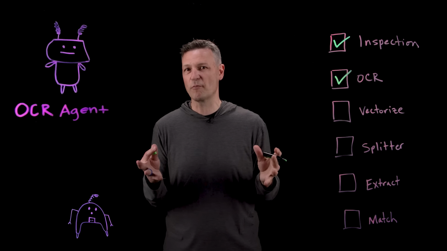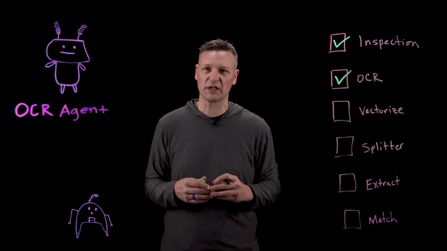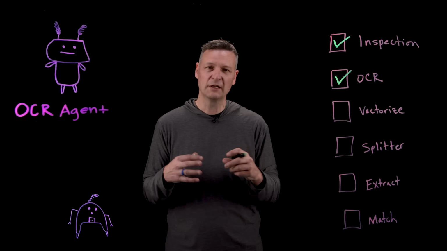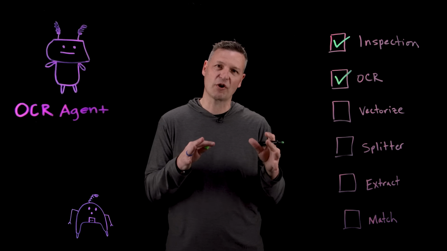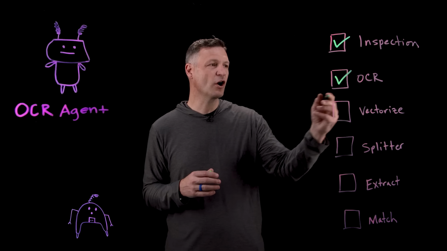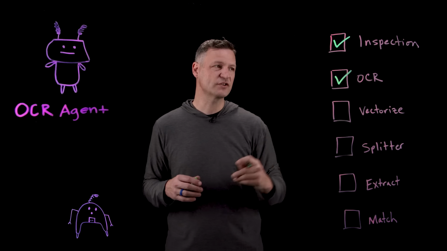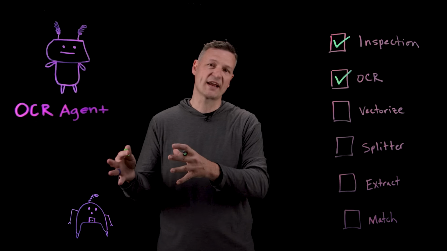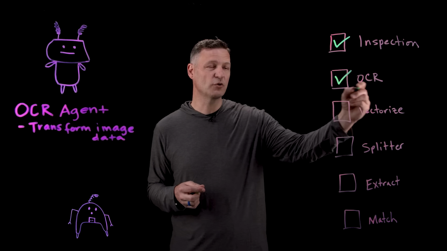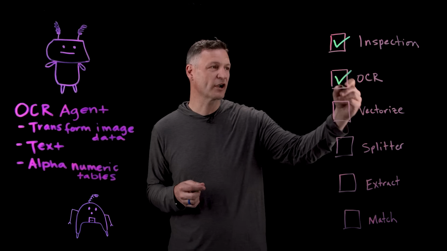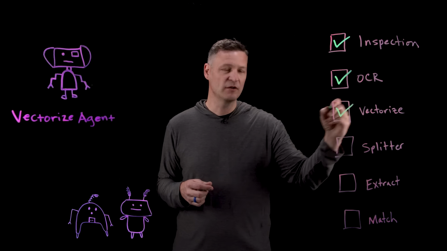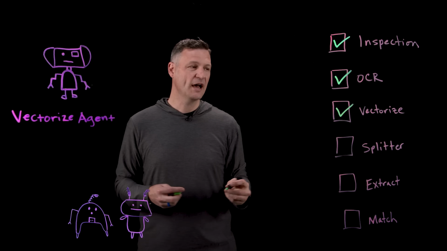So we go out and we take our most performant OCR engine that we really like, or in some cases, if you have a multimodal model, some folks are starting to look at LLMs themselves as being able to replace the OCR. But essentially, this agent can take our image data and transform it into text data, alphanumeric data, tables, etc. We could have a vectorize agent.